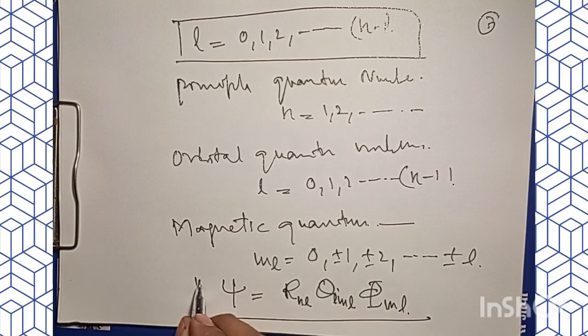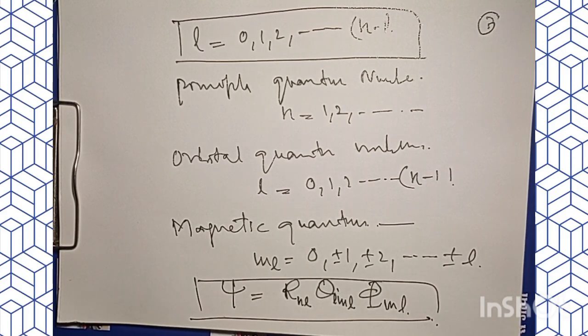So this is the wave function psi that can be written in terms of r, theta, and phi for the hydrogen atom.